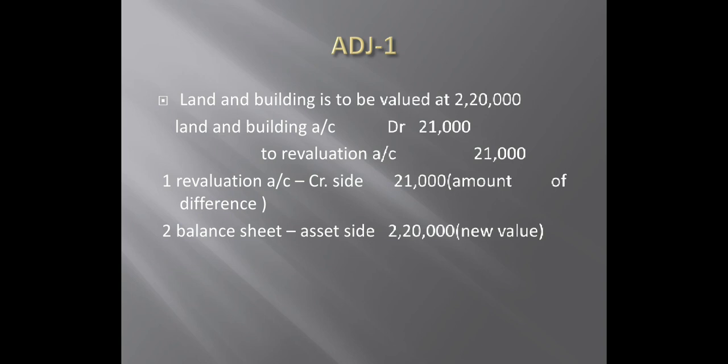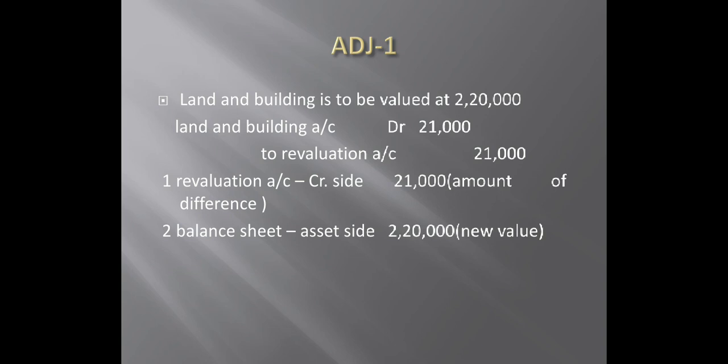It is the amount of difference between the new value and old value of an asset. 2,20,000 is the new value. What is the old value? 1,99,000. So the difference of these two values is 21,000. And in revaluation account, always the amount of difference is to be recorded. So we have 21,000 in the journal entry this way. Yes, I hope I'm clear with the journal entry.